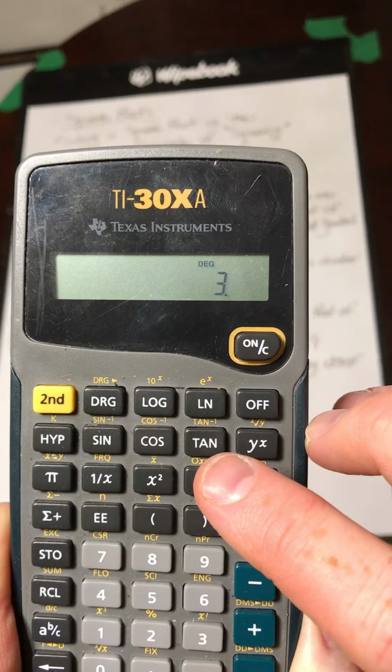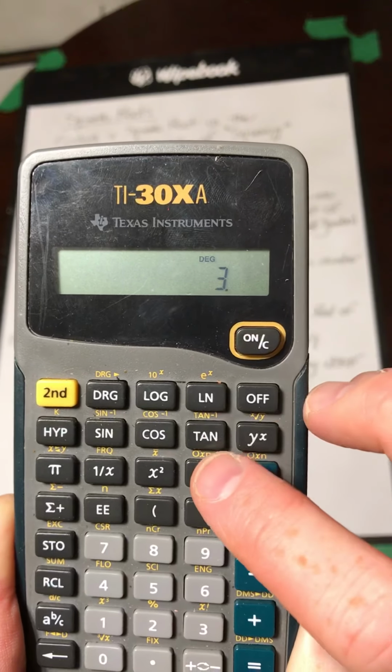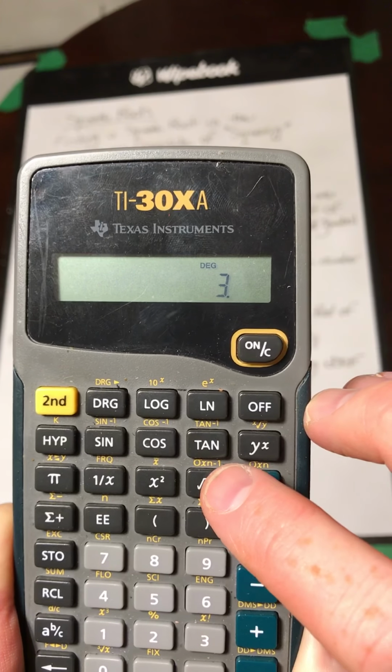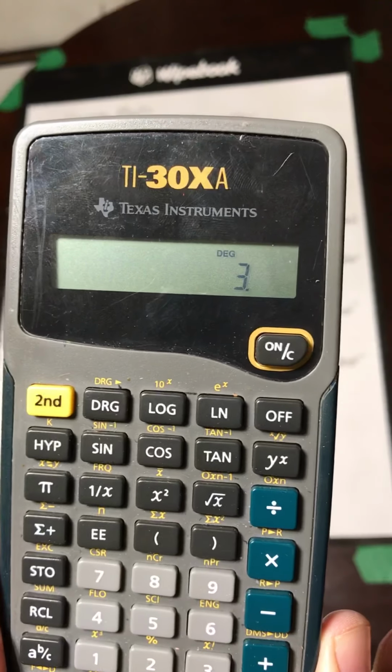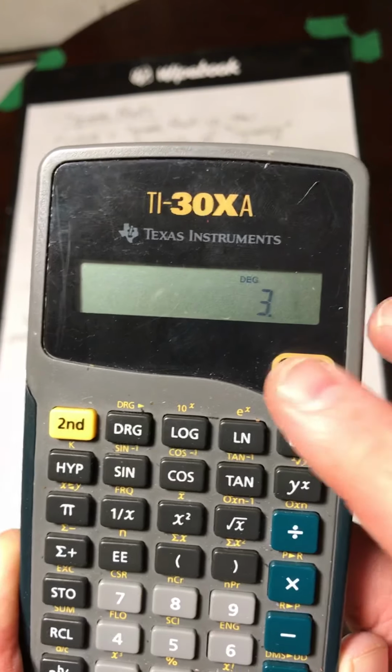And we'll talk about why that is the case in a second, but I just wanted to show you what the square root button looks like on your calculator, so you can be taking the square root of numbers using your calculator.